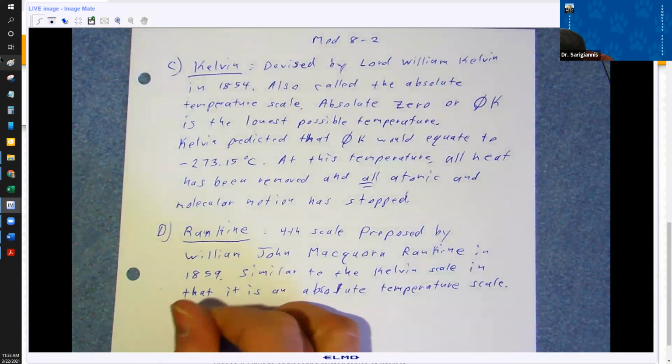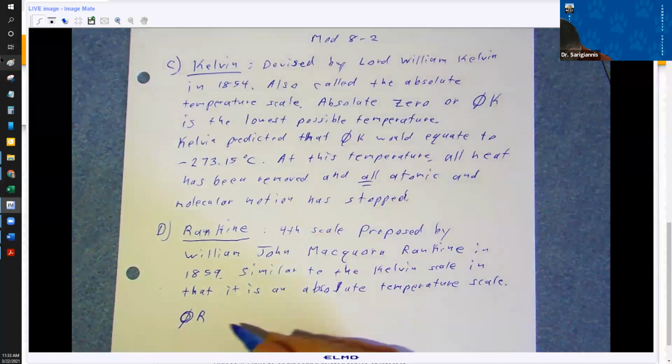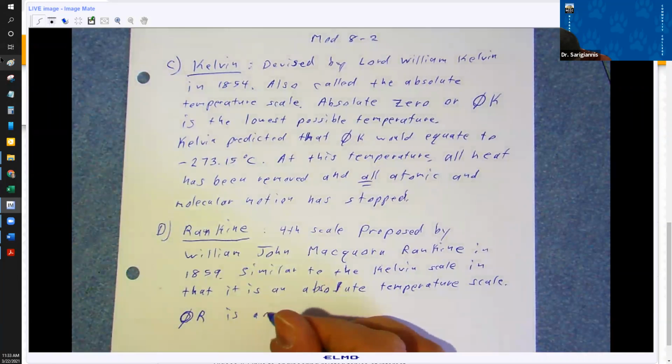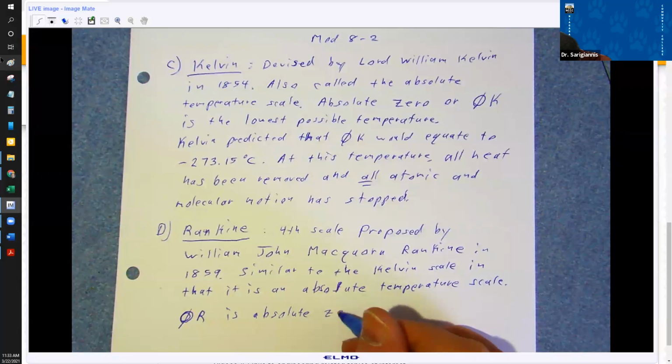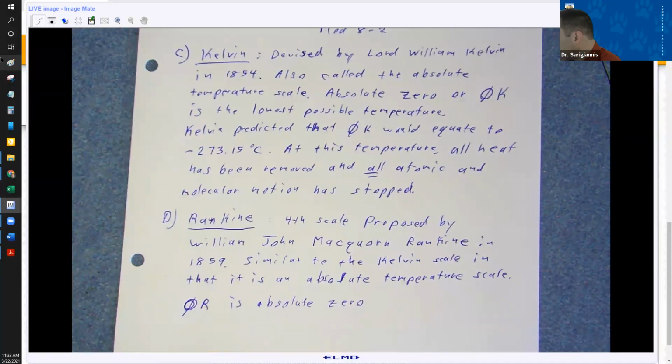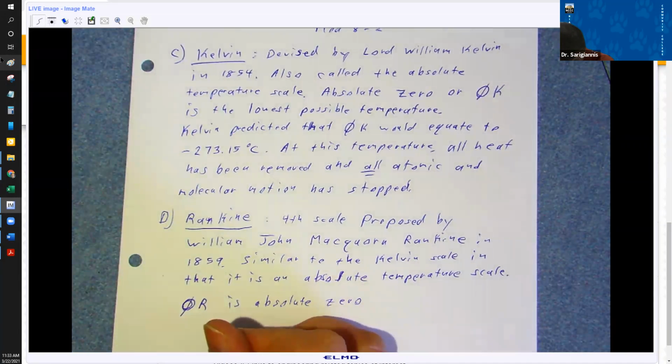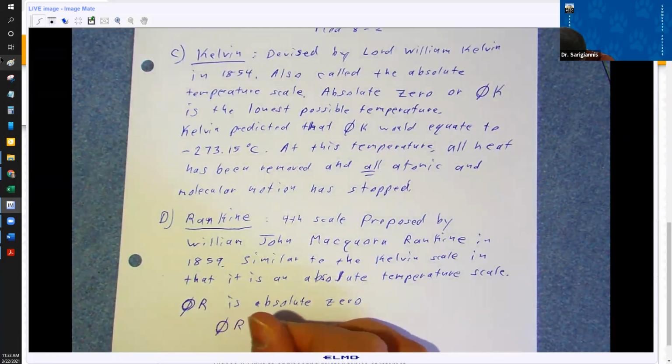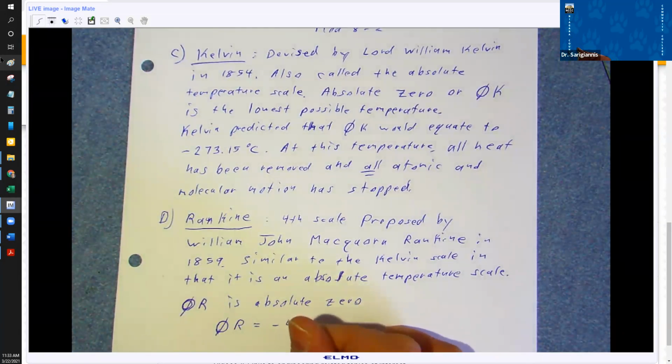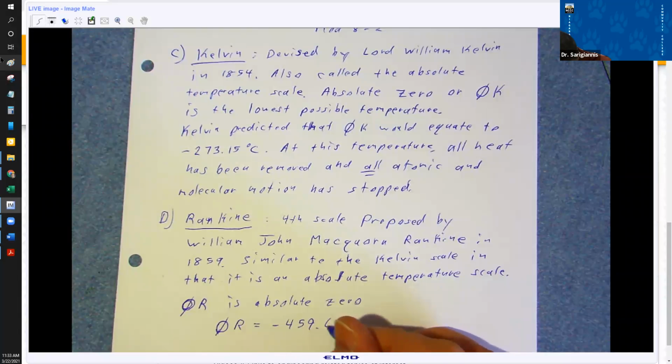So zero Rankine is absolute zero. And this is also equivalent to, let me write this out, zero Rankine is equal to minus 459.67 degrees Fahrenheit.